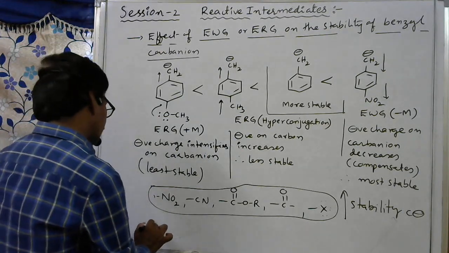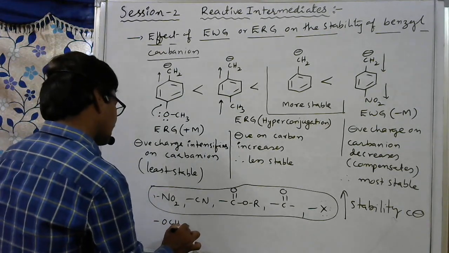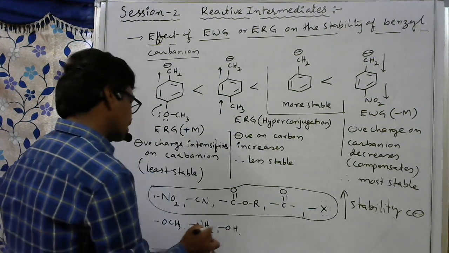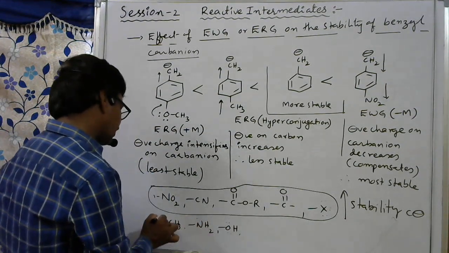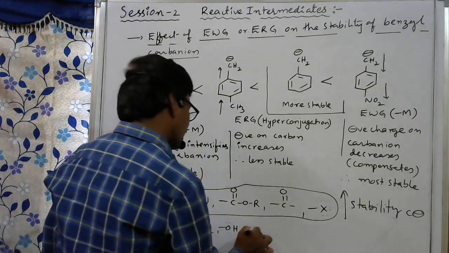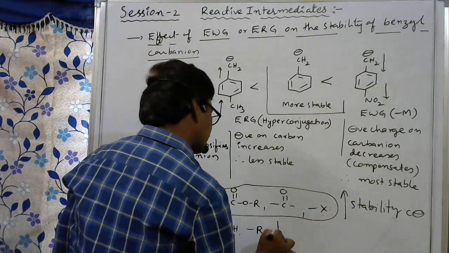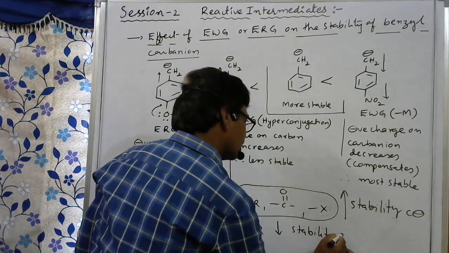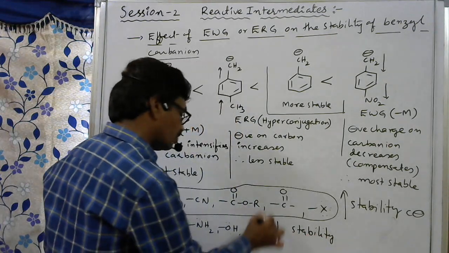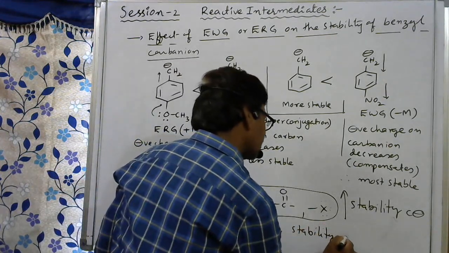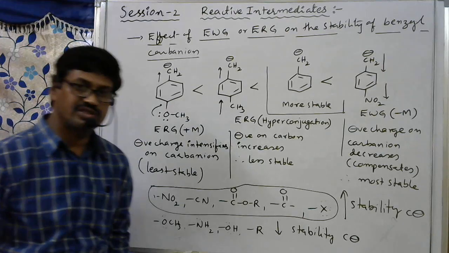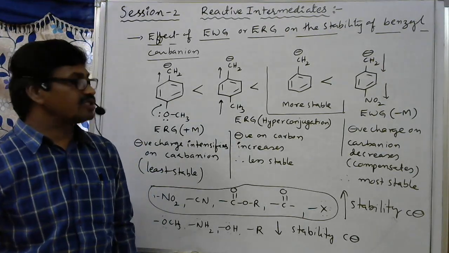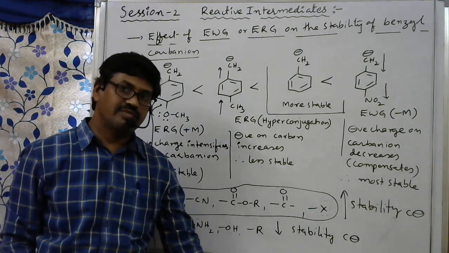Groups like OCH3, then NH2, then OH, on which lone pairs of electrons are present, and even alkyl groups, decrease the stability of the carbanion. So this is about the effect of EWG and ERG on the stability of benzyl carbanion.